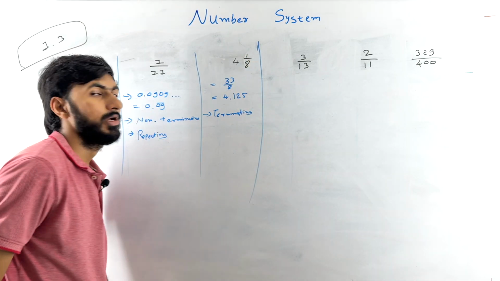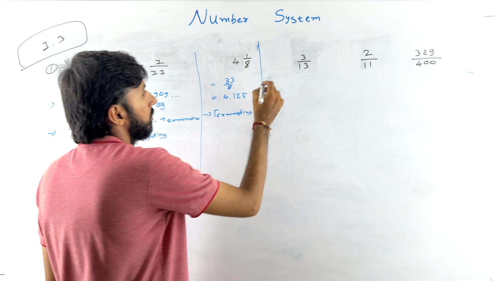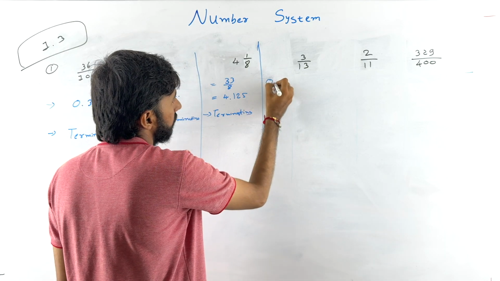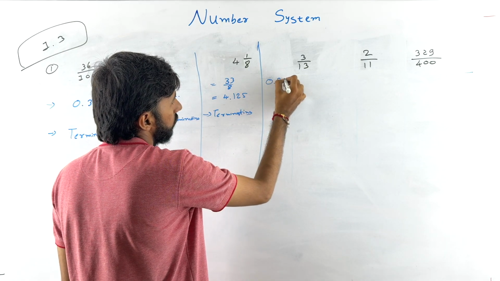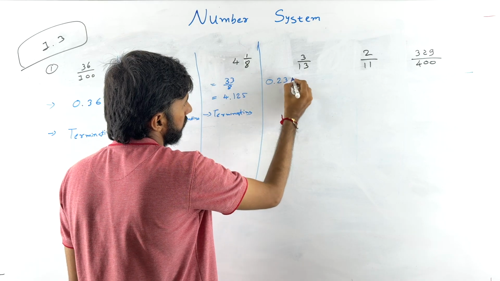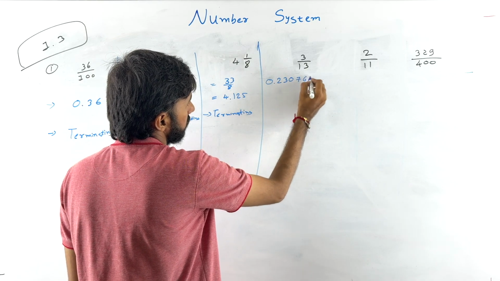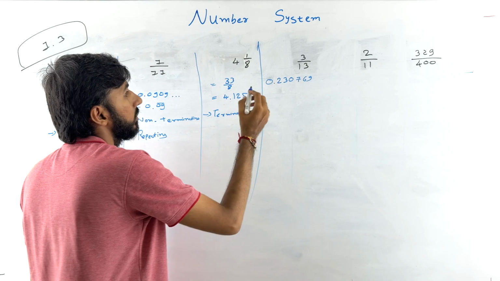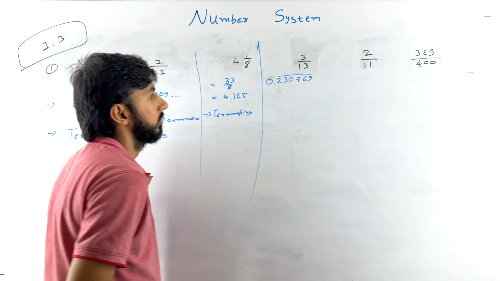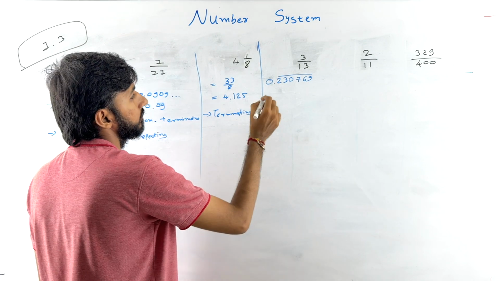Now for this 3 by 13, if you divide 3 by 13, the answer will be 0.23069, right? And it will continue after this.